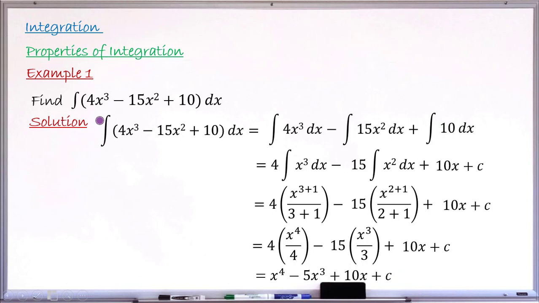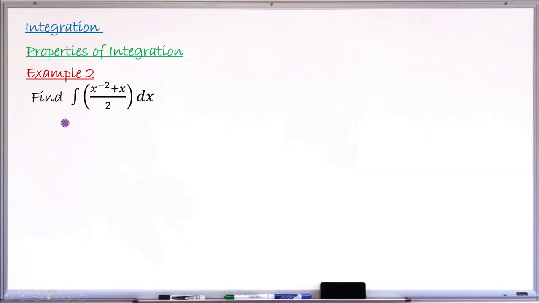Let me just take one more example. Example number 2 says find the integral of this function, and this function is x raised to minus 2 plus x, all over 2, dx. Solution to this very problem.